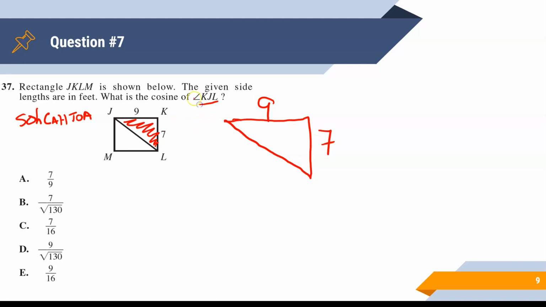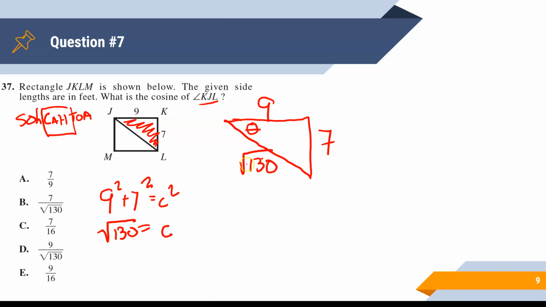We're trying to find angle KJL, so we're trying to find the cosine of this angle here. Now, I notice that cosine is adjacent over hypotenuse. We don't have the hypotenuse, so we're going to have to do Pythagorean theorem to get that hypotenuse. And that winds up being the square root of 130.